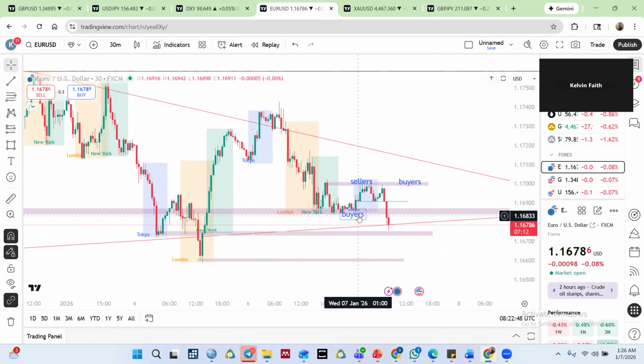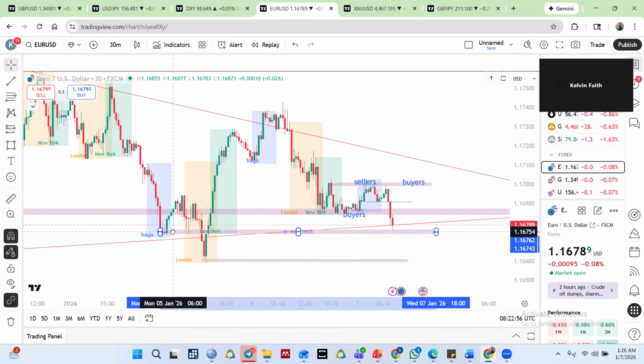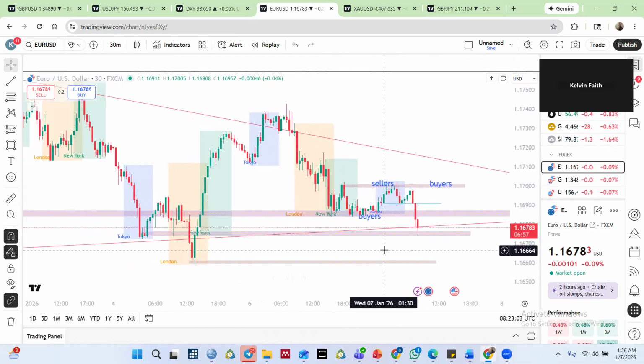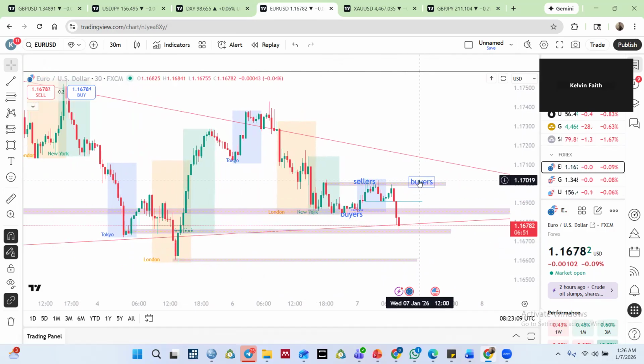But as it is right now, this area of buyers has been crashed. It's reacting to the next area of buyers, down here. We see price wicked inside of it, and there's kind of rejection. So there is no confirmation for me to buy yet, but I'll be happy to buy if it's able to move up and go above this area.